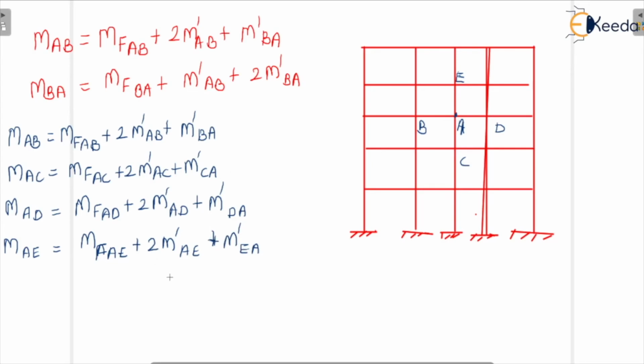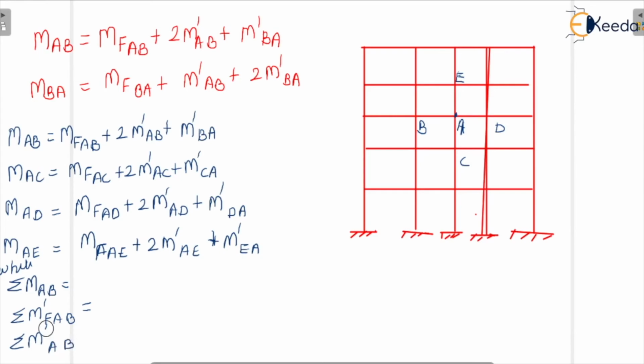So these are the near end and these are the far ends. Now, if we write the summation of M of AB, where the summation of M of AB is the sum of near end moments in all the members meeting at joint A. Similarly, the summation of MF of AB is the sum of fixed end moments in all the members at joint A, and then the summation of M dash of AB.